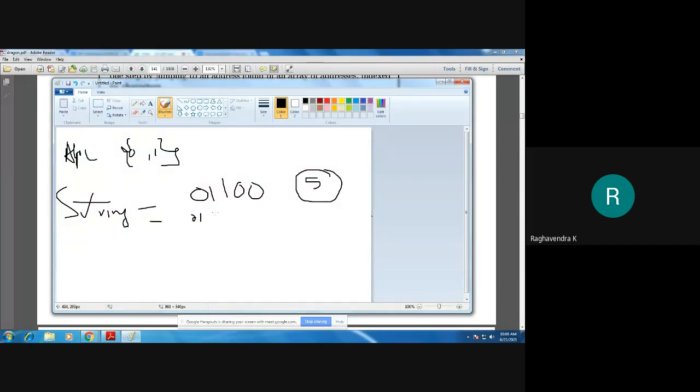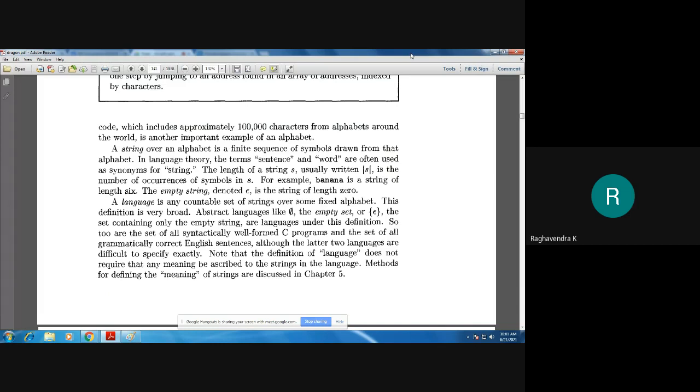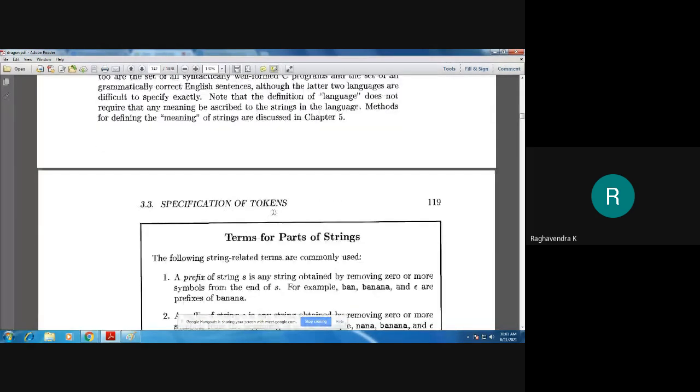Similarly, this is also a string, and its length is something else. So this collection of strings over a set of alphabets becomes a language. I hope you are getting this. A language is any countable set of strings over some fixed alphabet. This is the definition of a language.